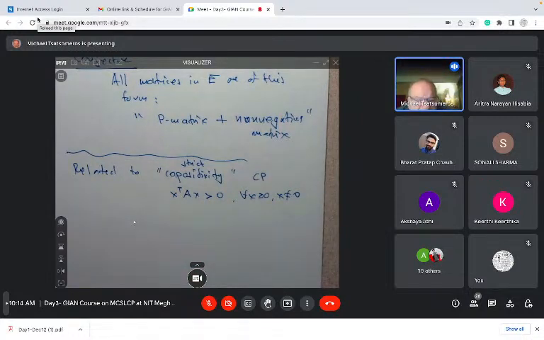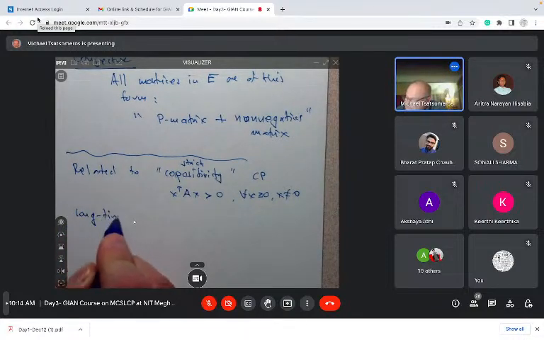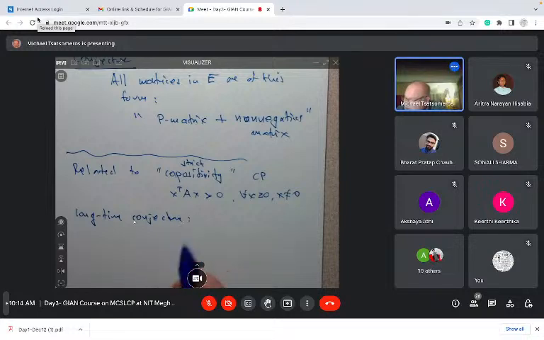We call such a matrix copositive. And there was a conjecture for a long time. I don't know if any of you have seen this, was that copositive is actually positive definite plus non-negative.